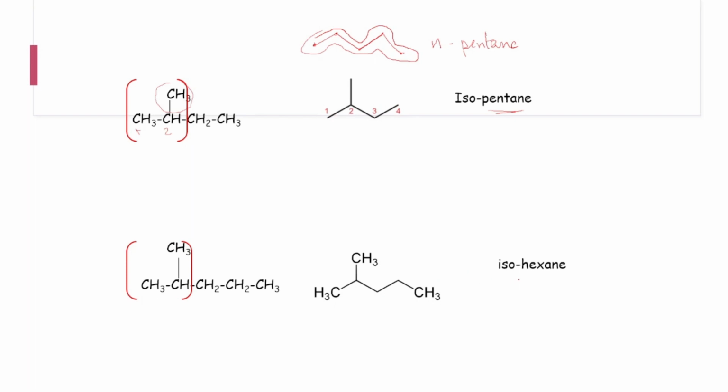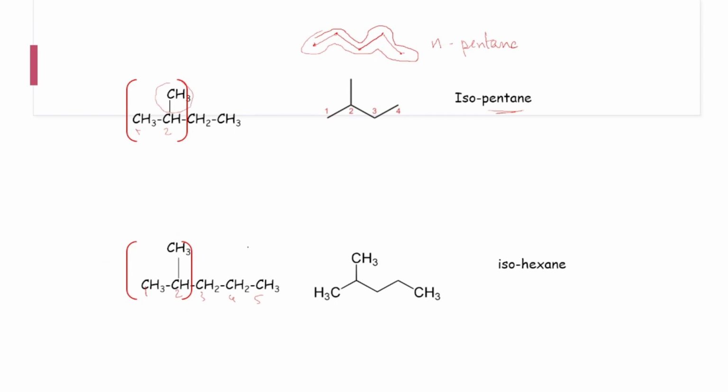Let's go to isohexane. Iso is a prefix that is added just because we have a methyl group at carbon number 2. 1, 2, 3, 4, 5, and of course, this is also counted as number 6.